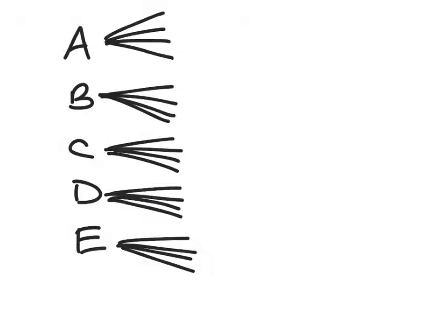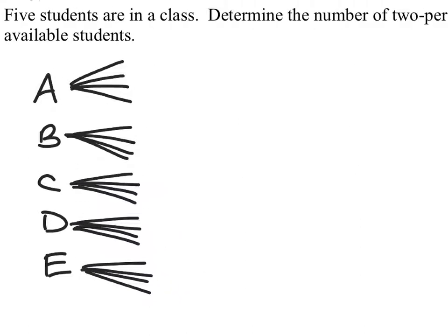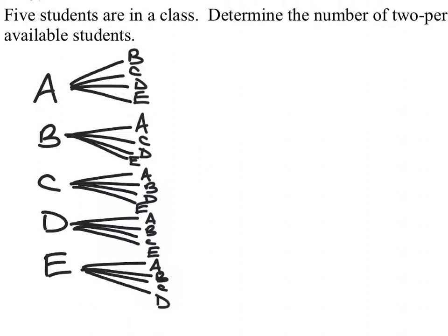But I can get from this that if A is the first person selected, then B, C, D, or E could be the second one selected. If B is the first one selected, then A, C, D, or E. A, B, D, or E. A, B, C, or E. A, B, C, or D. All right, so I kind of painted myself into a corner.